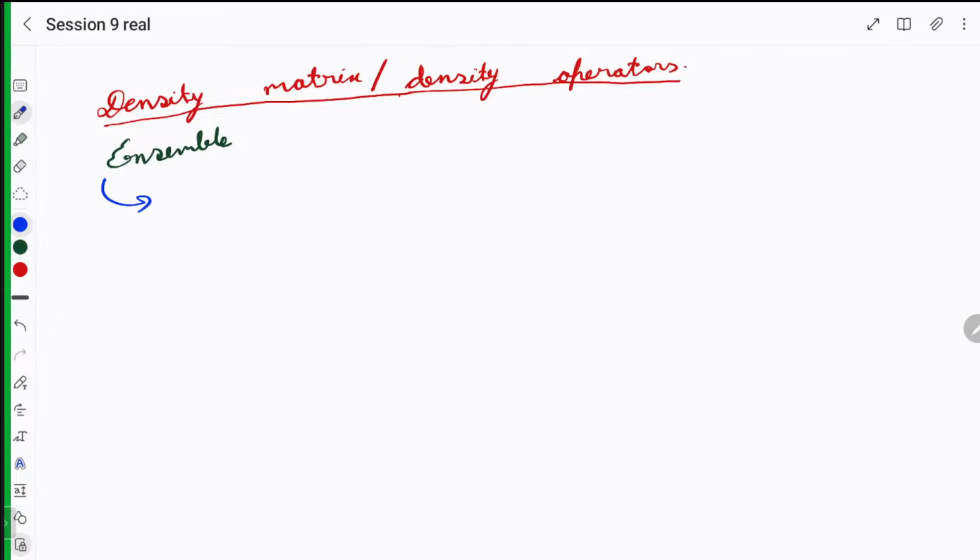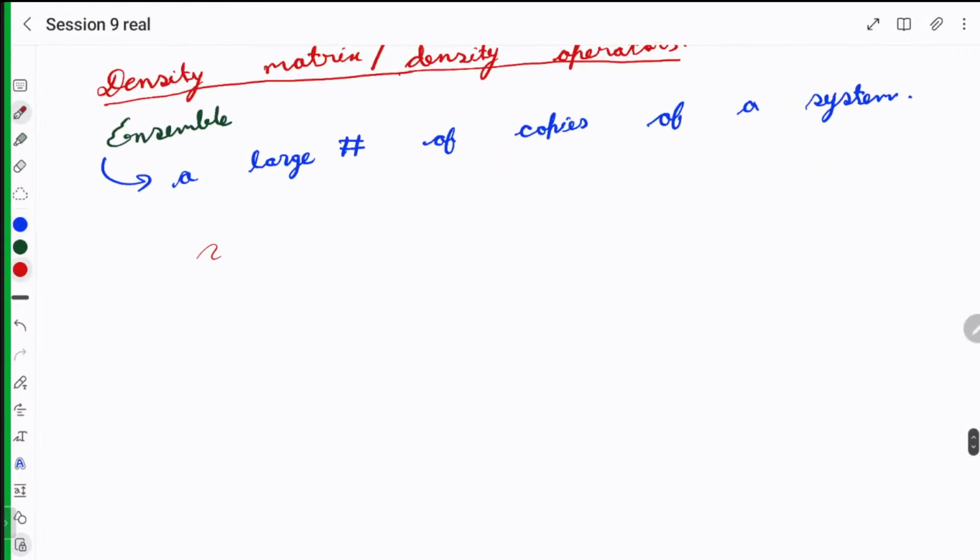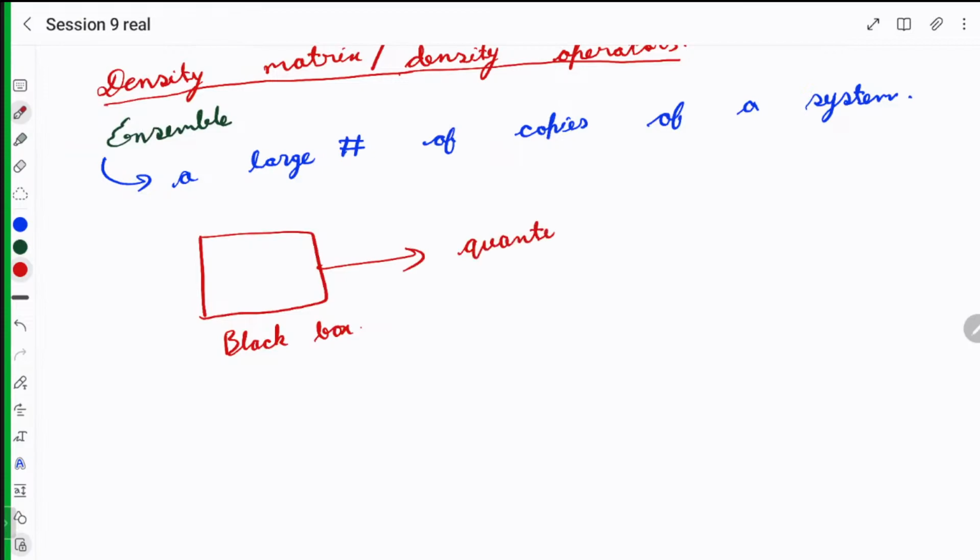So what is an ensemble? An ensemble is a large number of copies of a system. Let's try to understand this with the help of an example. Let's say I have a black box here, and this gives some quantum state as an output.